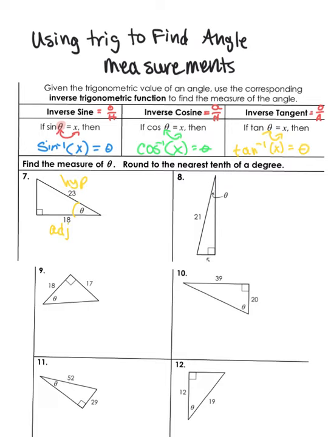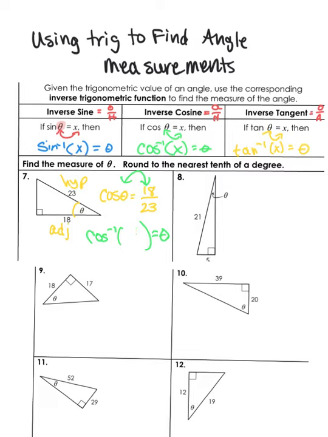Well, that's the cosine. So the cosine of theta is equal to the adjacent over the hypotenuse. So I know what 18 over 23 is, but I want to know what theta is. So I'm going to have to swap these two and do the inverse cosine of 18 over 23. And that's going to give me my theta.